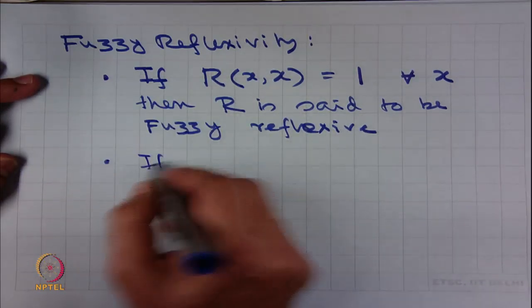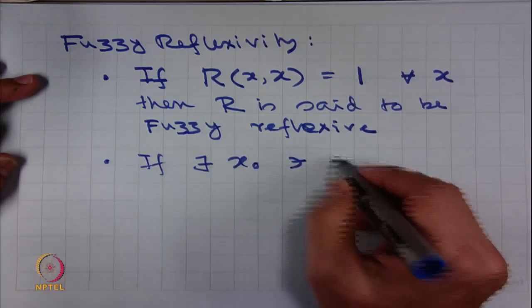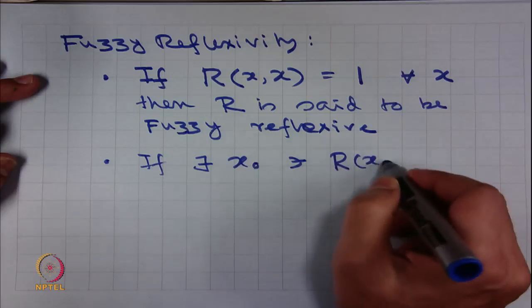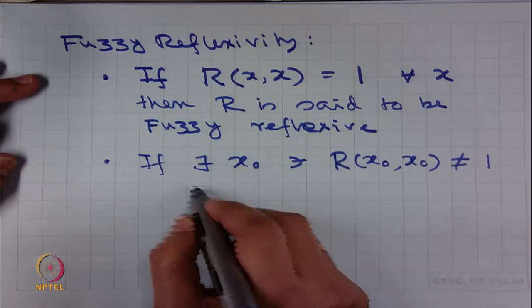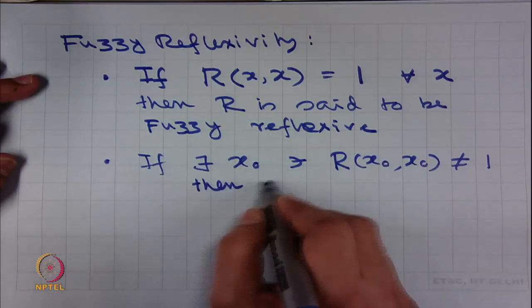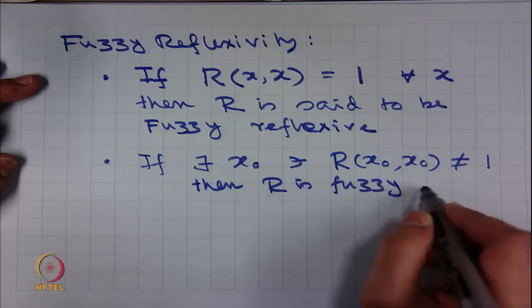If there exists x naught such that R(x naught, x naught) is not equal to 1, then R is fuzzy irreflexive.